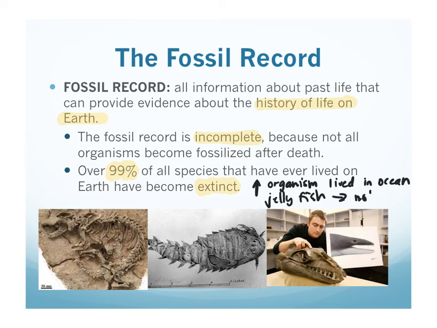The answer is no. It doesn't have any hard parts to fossilize. So many of the species that have ever lived don't have any hard body parts to fossilize. One thing you should also recognize is that the Earth is constantly moving, so that disrupts the fossil record, and that's also what makes it incomplete.